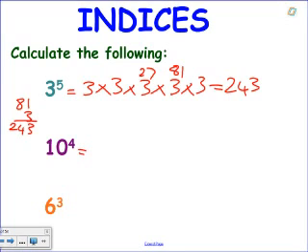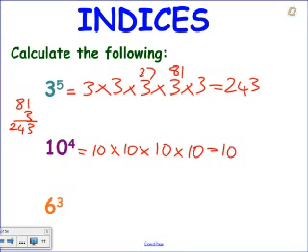Next one, 10 to the 4 means, so what do I end up with? 10,000. Everyone happy with that? Yeah. How do I end up with 10,000? Well, it tells me how many zeros. It's a 1 with 4 zeros. Or, if you want to do the maths, 10 times 10 is 100. 100 times 10 is 1,000.